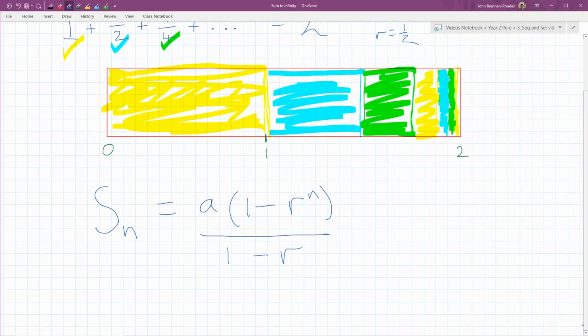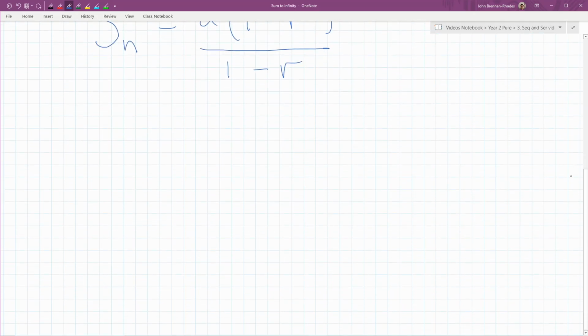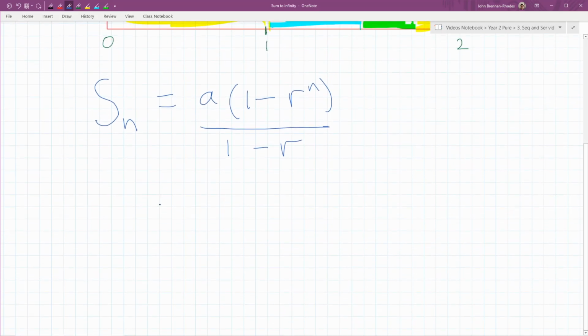If r was a half, this equation becomes this. So if r is equal to a half, we get A, open brackets, 1 minus a half to the power of n, divided by 1 minus a half.